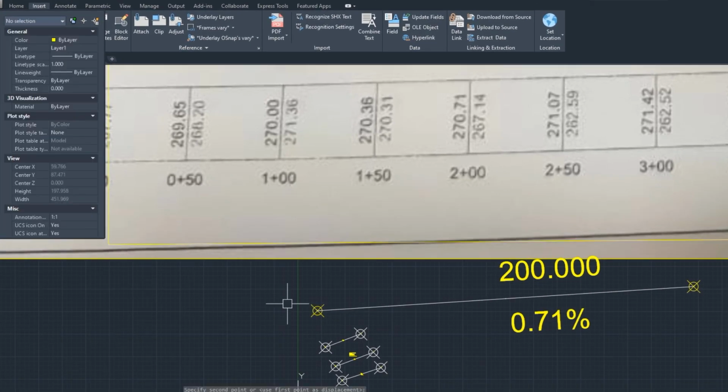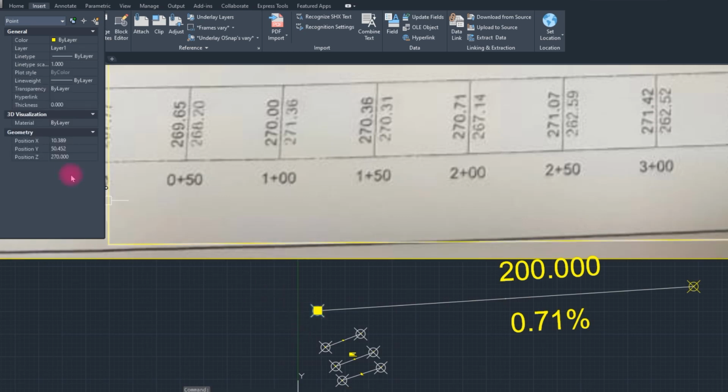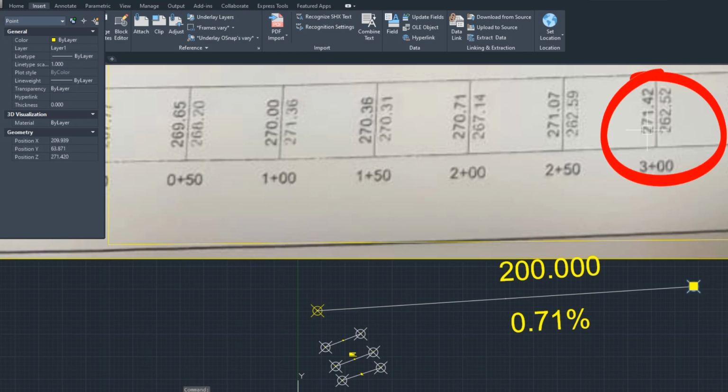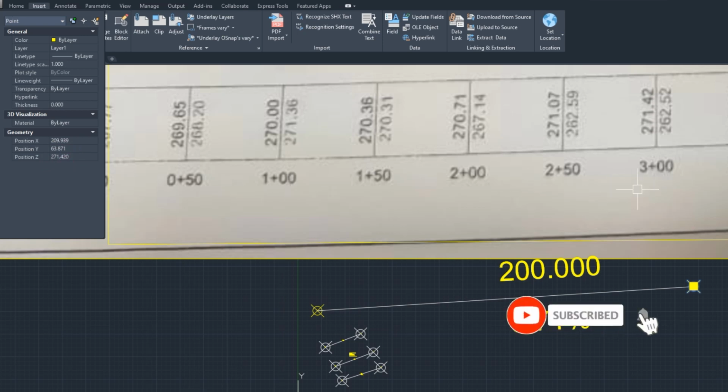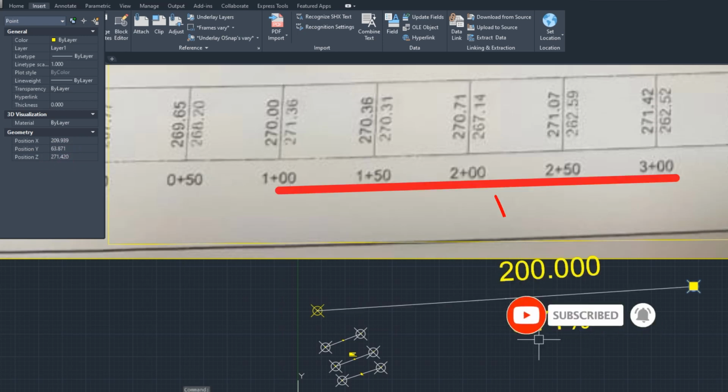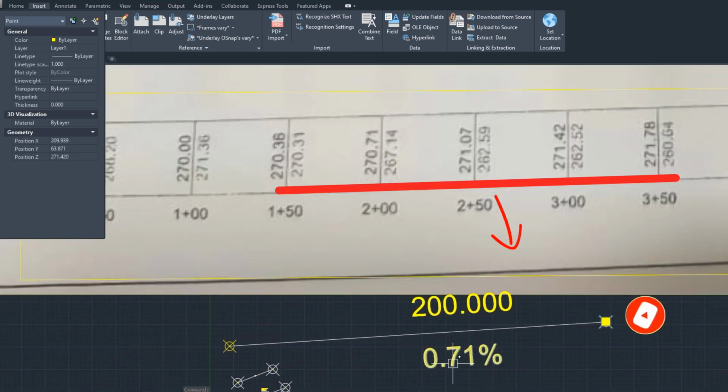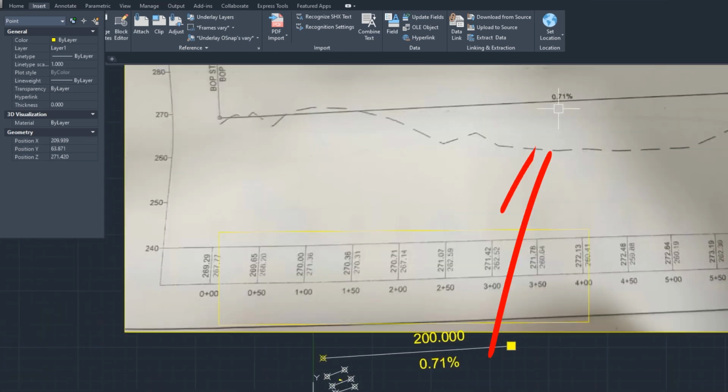Here is 270. It is the change of 100. 270 is the FRL, and the second, 271.42, is the second. Here is 200 distance, and 0.71 is the percentage slope here.